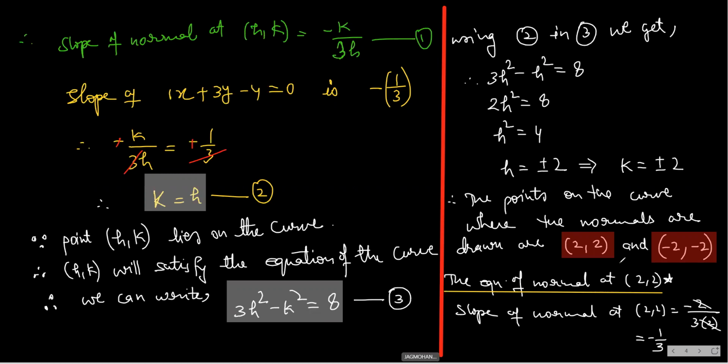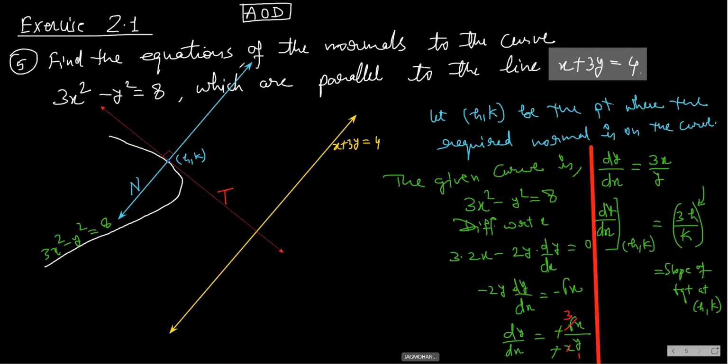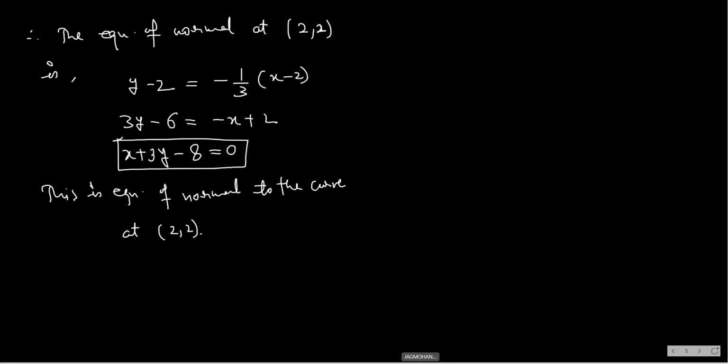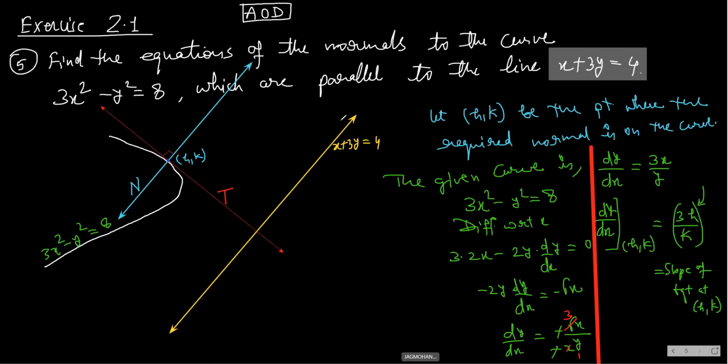Why was it not required? Because the required normal, as it is said, see, this is the required normal, and this normal they have already given, it is parallel to this line. So if it is parallel to this line, the normal would have the same slope as this line, and the slope of the line is -1/3.